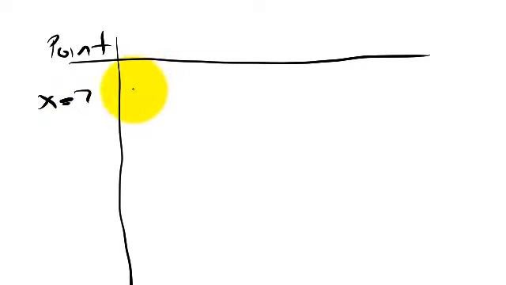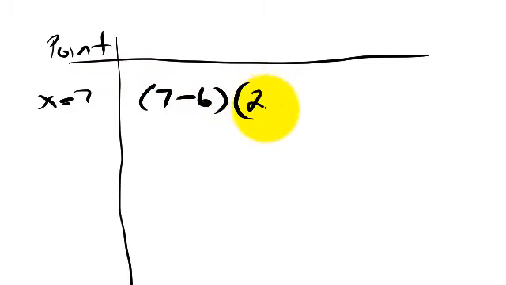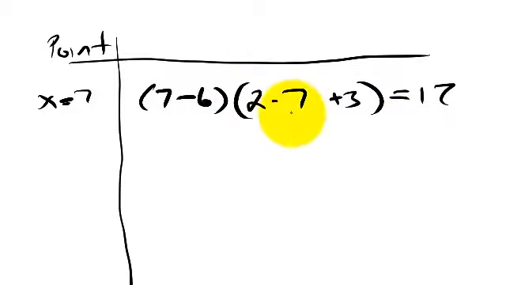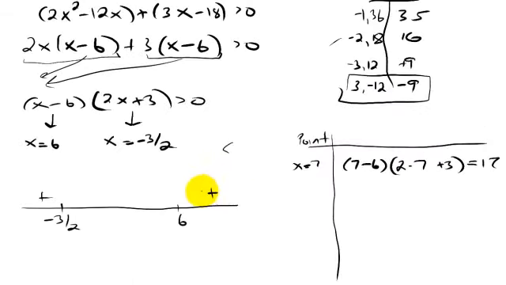Okay. So plug that into our inequality. So that would be 7 minus 6, and then 2 times 7 plus 3. Well, that's 17. That's positive, which is good. That's what we knew was going to happen.